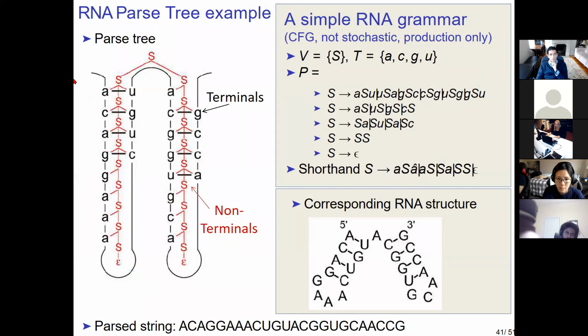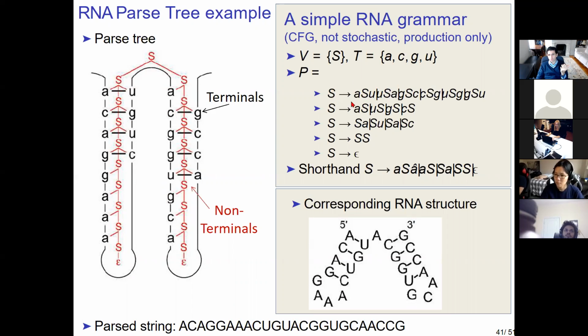When we talked about RNAs, we basically talked about these context-free grammars that can be used for generating RNA sequences. We can basically build a context-free grammar that gives us production rules for generating A spaced by U with S in the middle, U spaced by A with S in the middle.